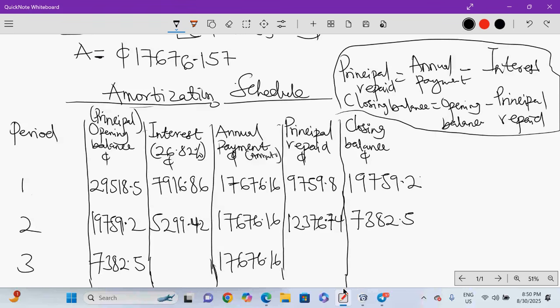Note that this one, the interest is supposed to be half. Why? Because we have not spent the entire 3 years, we spent 2.5 years, right? So the last period is actually 0.5, which is a half year. This 3 years, it's not a full year.